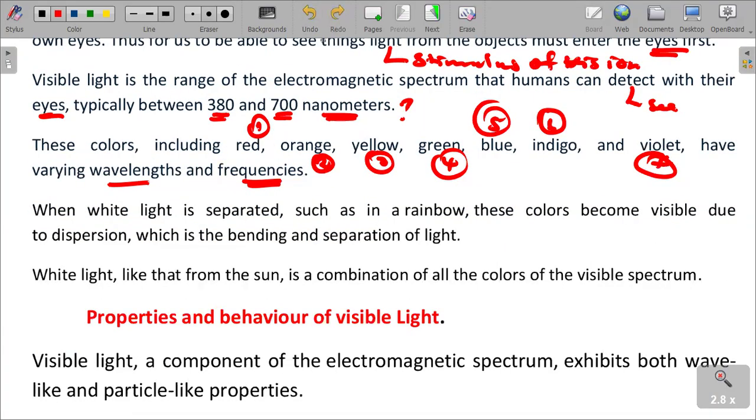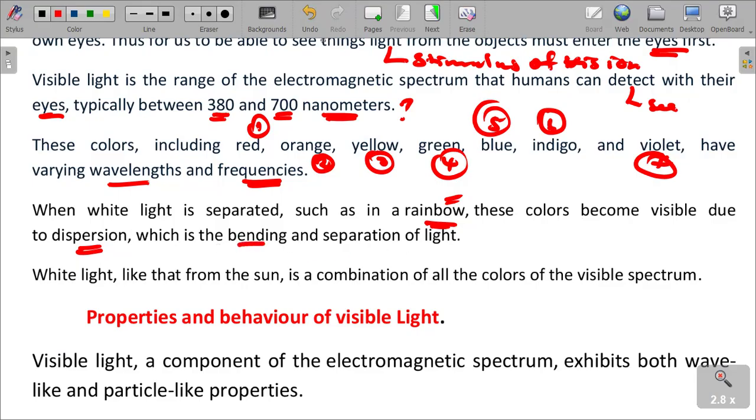When white light is separated, such as in a rainbow, these colors become visible due to dispersion, which is the bending and separation of light.